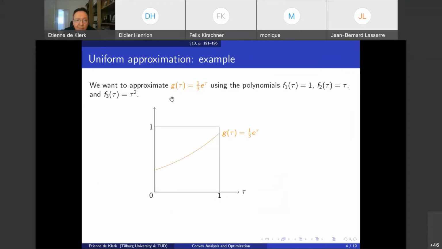Let's do a picture. Let's say we are given this function g on 0-1, given by 1/3 times the exponential function, and it looks something like this. Here it should be 1/3 e, and that looks about right. Here it should be 1/3.